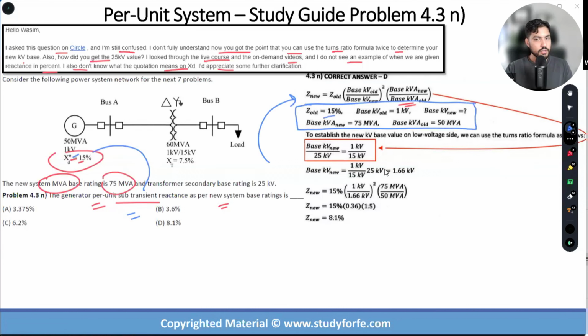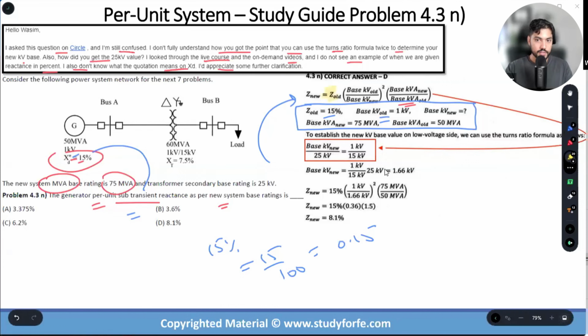Z old is given as 15%, and I've explained that the per unit and percentages are basically the same. So 15% is equal to 15 divided by 100, which is equal to 0.15. You can use 0.15 there, or you can always leave it in percent. It doesn't matter.